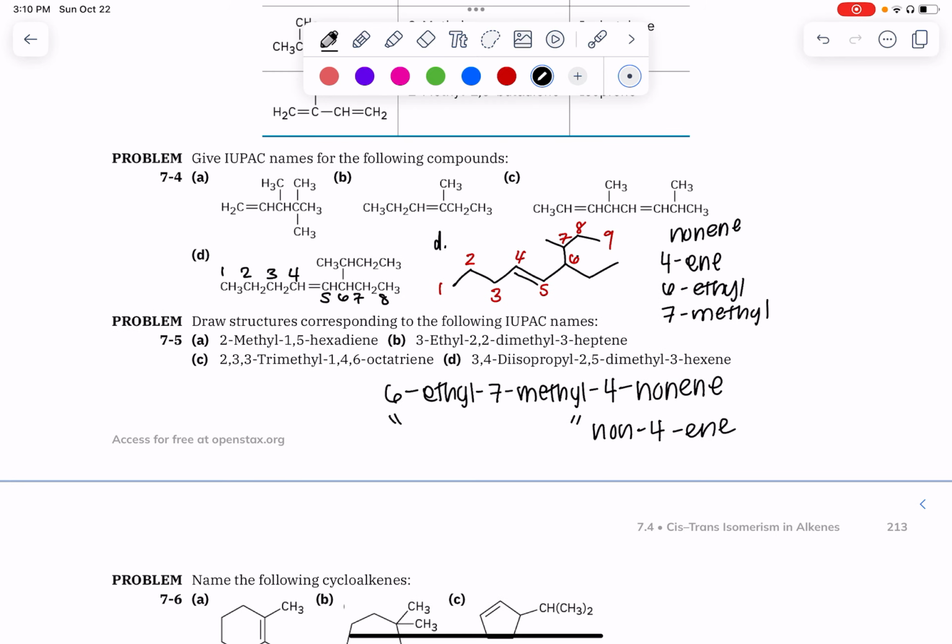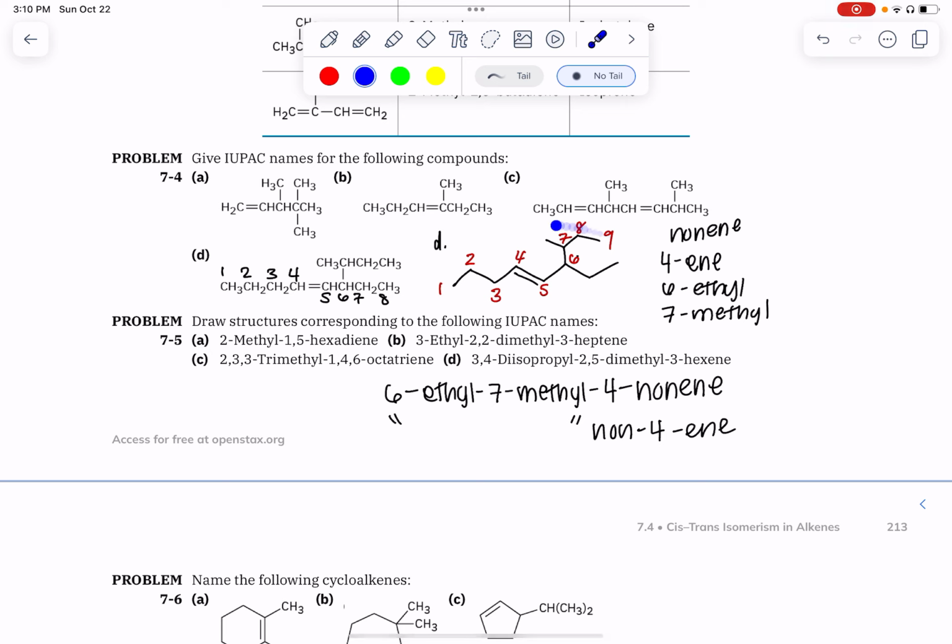Remember, if they give you this kind of funky way of describing a molecule, redraw it and just give it an arbitrary numbering. That way you can make sure that you get everything in the right position. I'm doing this one and pointing to this one. So just making sure that you can get it in the proper position, that you're numbering it so that you can draw it correctly.